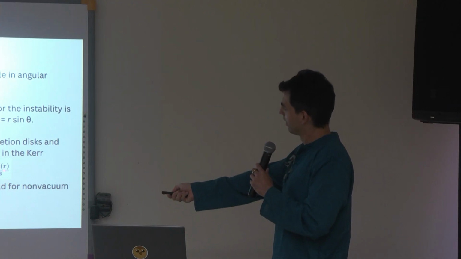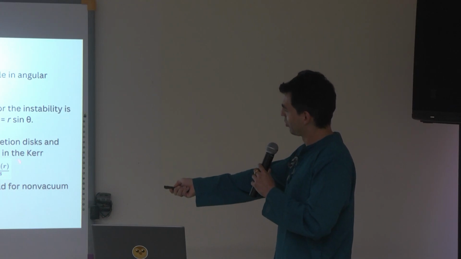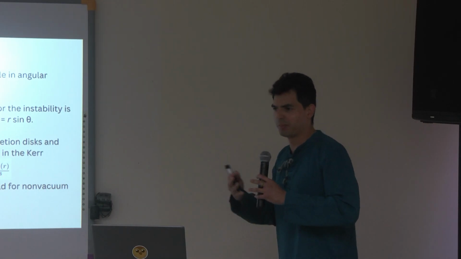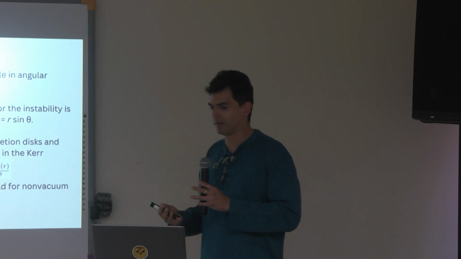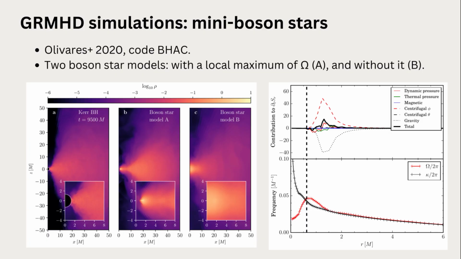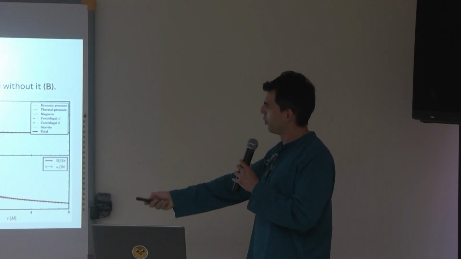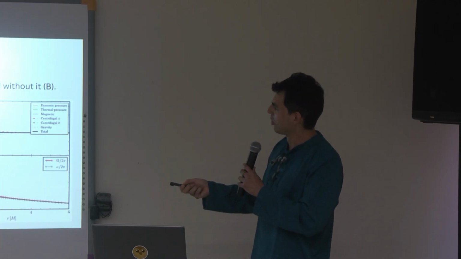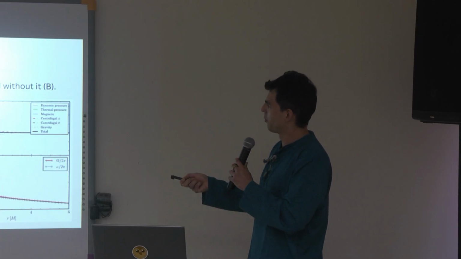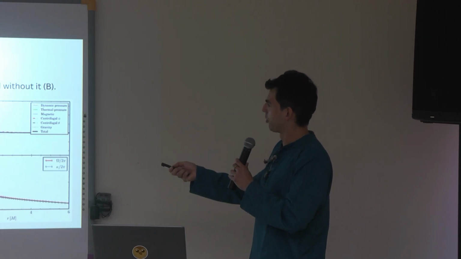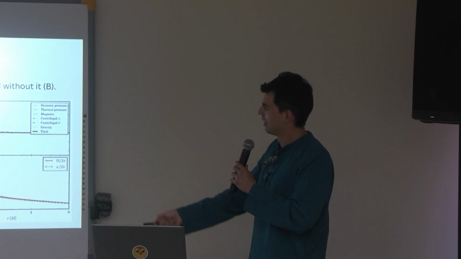So we see that this will be very easily violated if we have a spacetime that is non-vacuum, and that is precisely the case for bosonic stars. In a work from 2020, we used the code that we have been learning in the first session in order to simulate accretion onto two different boson star models. One of them had a maximum of the rotation profile, and the other didn't have it.